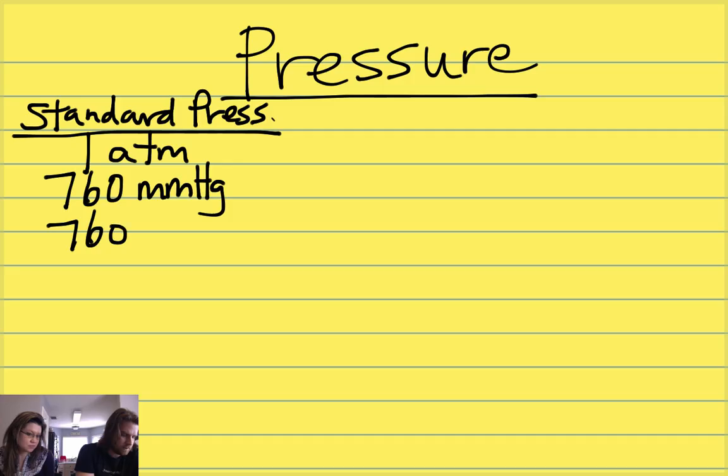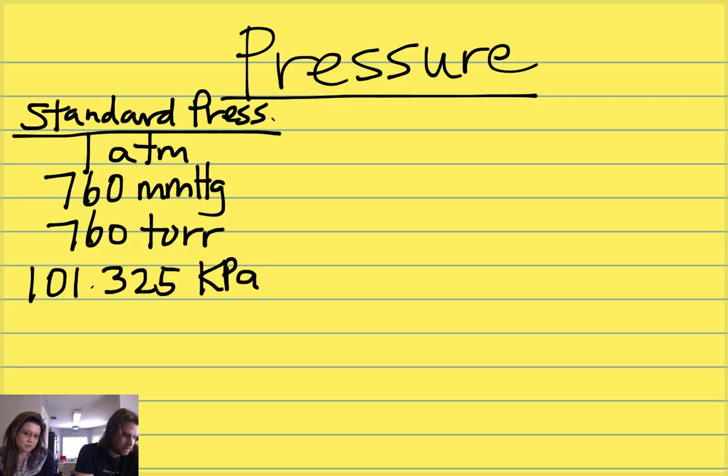So we'll start with atmospheres. 1 atmosphere, 760 millimeters of mercury, 760 torr, and 101.325 kilopascals. I like to remember that one because it sounds like a radio station. It's 101.325 kPa. Pennsylvania's smooth jazz station.